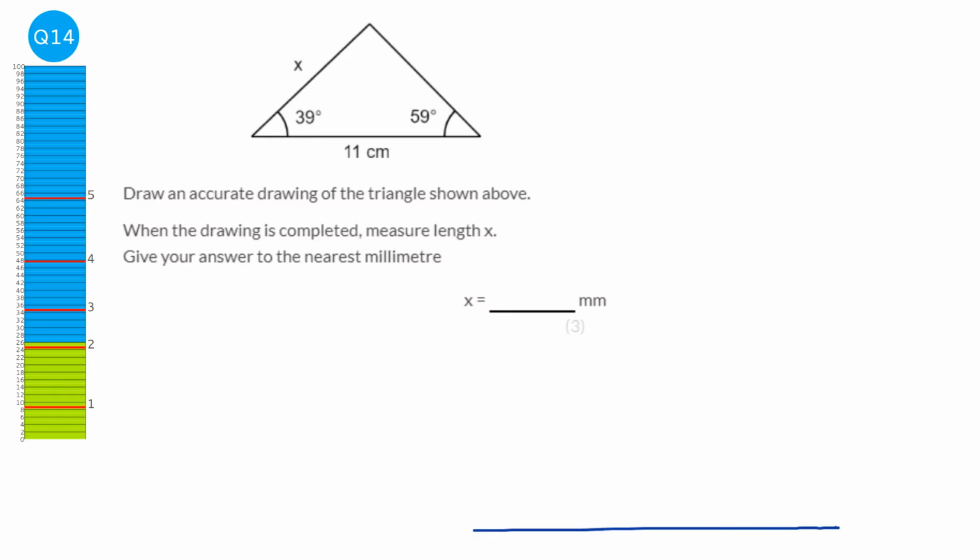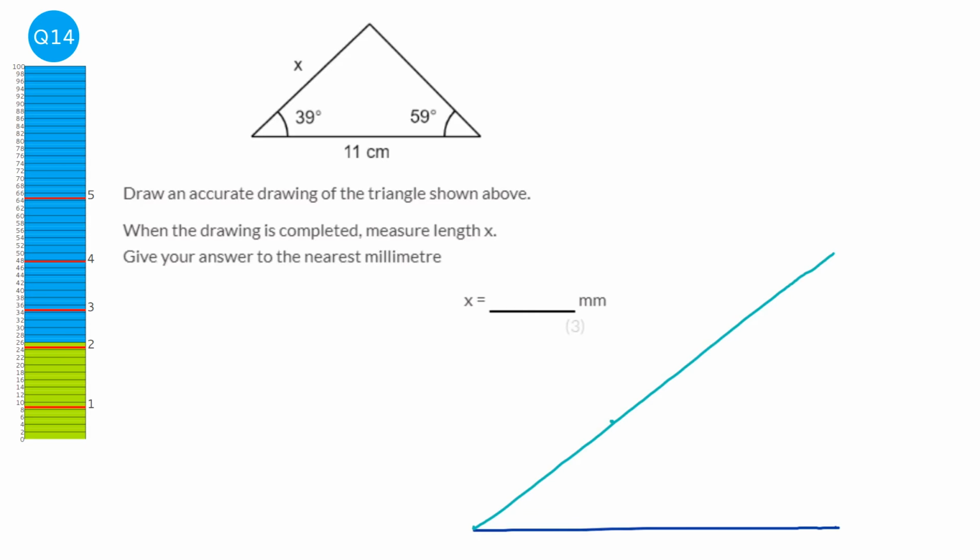Now you've got to be careful because 39 is on the inside, and I'm just going to do a dot. So always look to see which one, the inside or the outside of the protractor, starts at 0, and the inside should start at 0 from this side. And I'm just going to draw a line that connects the end of that line and the dot. Like so.